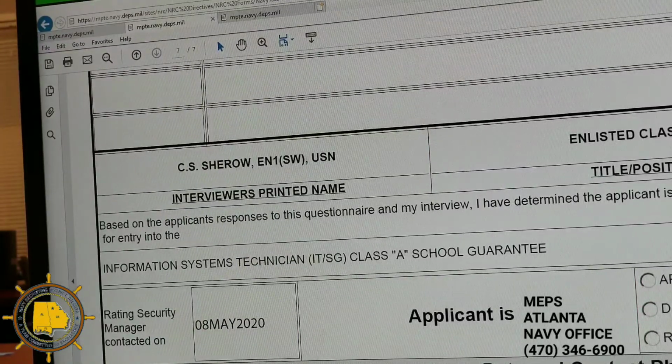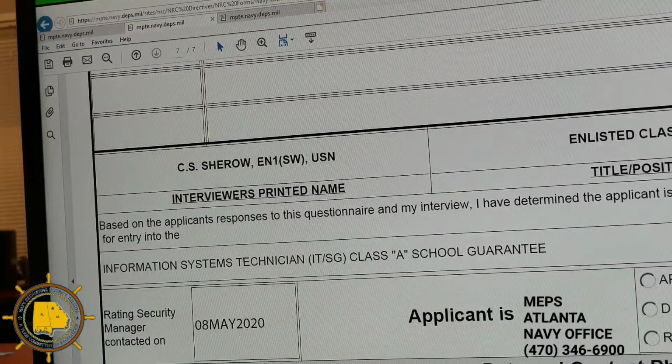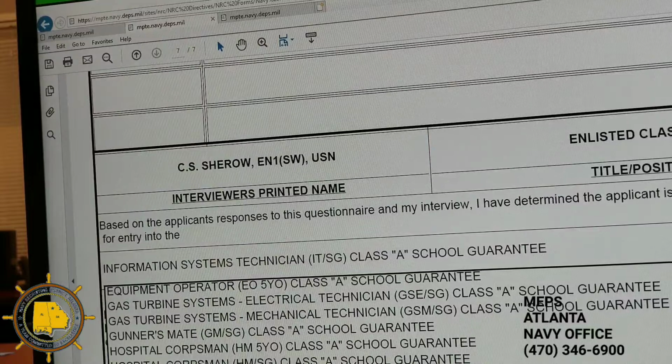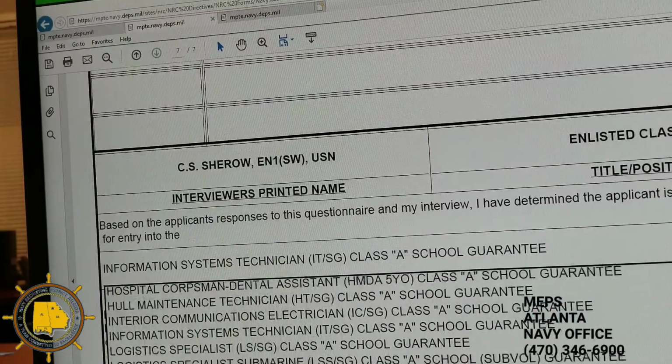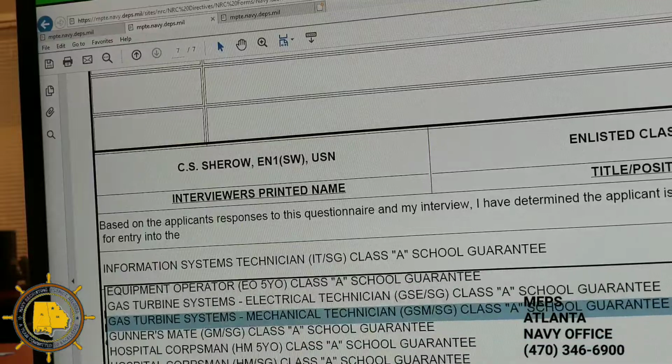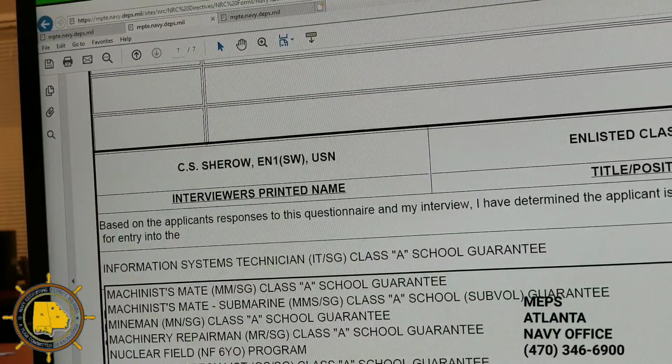Interviewer signature, that's going to be us here. But the critical part of this document is going to be the actual job that you're sending the screening up on. So if your applicant is reclassing or intending to reclass as an IT or any one of the intelligence rates, then you have to put that particular rating in here. And on this form, there's a drop-down menu that shows all the different jobs that you can put under this applicant's name. This is going to be the same for reserve rates.